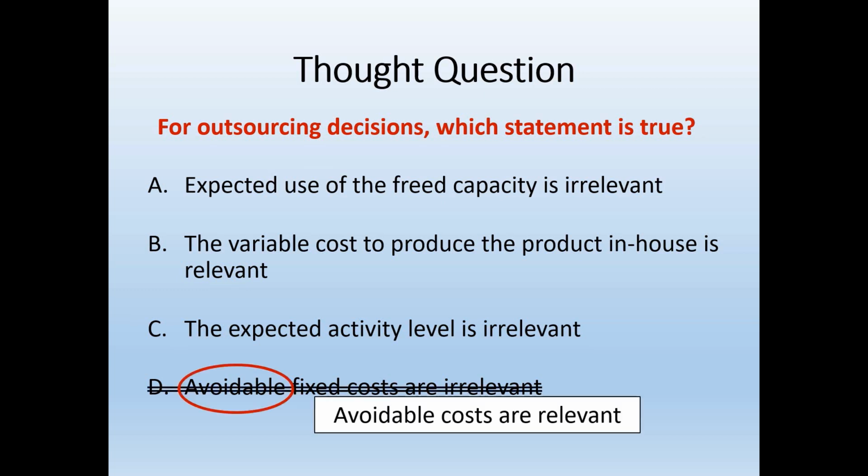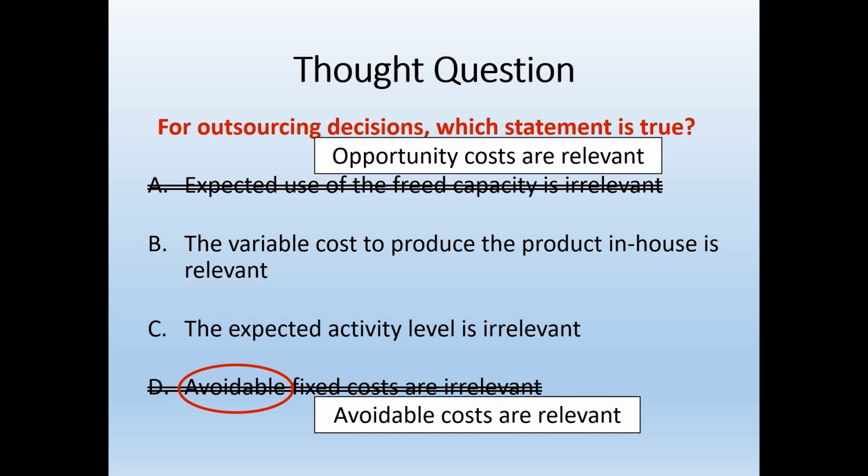Well, it can't be answer D, because avoidable costs are costs that will be there in one option but won't exist in another option, so they're relevant. And it can't be option A, because opportunity costs also will exist in one option but won't exist in another option, so they're relevant.